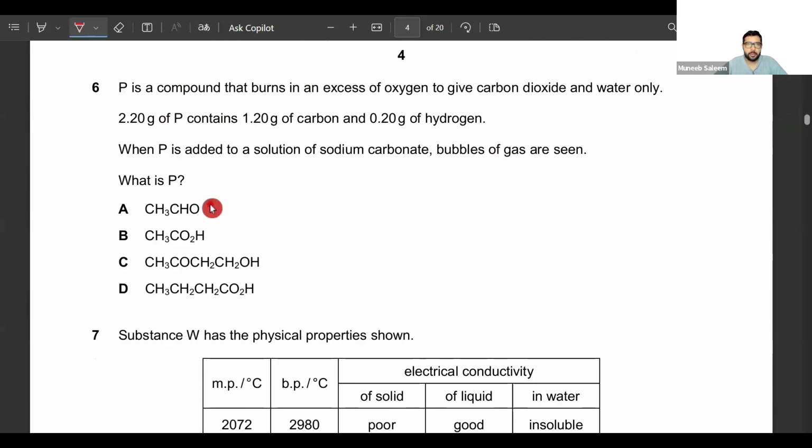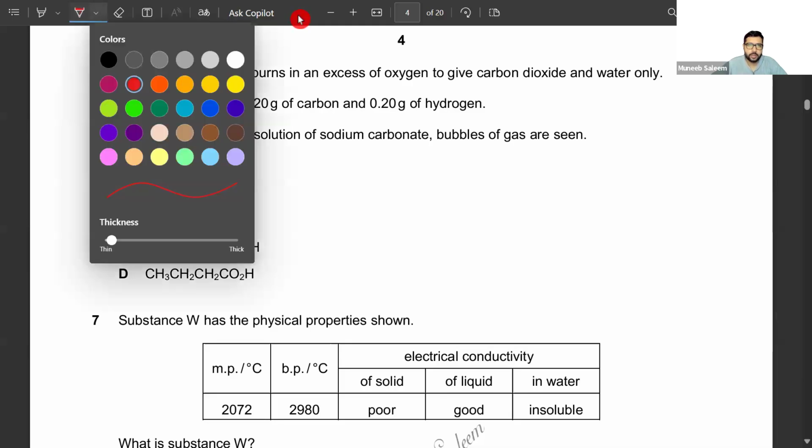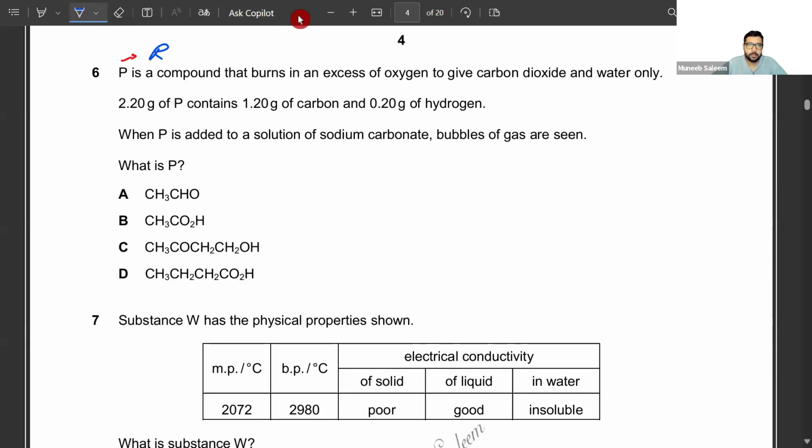Now, we have to remember from our knowledge that the compound which reacts with sodium carbonate to produce gas is a carboxylic acid. So it is confirmed that P should be a carboxylic acid compound, in short form RCOOH.